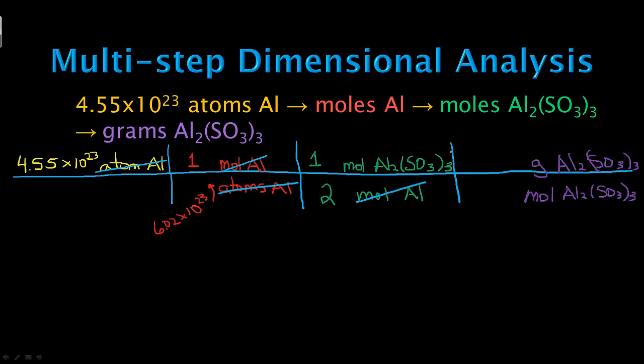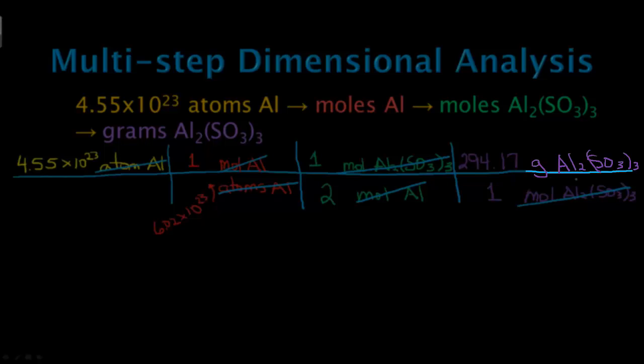Now the molar mass of aluminum sulfite, hopefully you guys know how to do that by now, so I'm not going to go through the steps, but the molar mass of aluminum sulfite is 294.17 grams in 1 mole. So we have a moles of aluminum sulfite on top, a moles of aluminum sulfite on bottom, so they cancel out and they go away. The only units that we are left with is grams of aluminum sulfite, and that's what we want to end with.